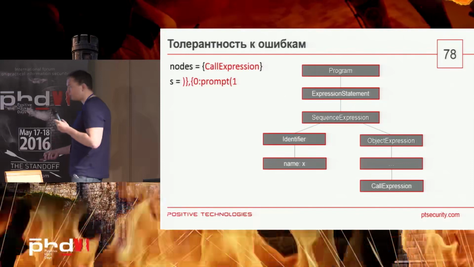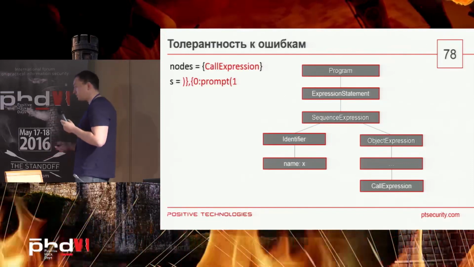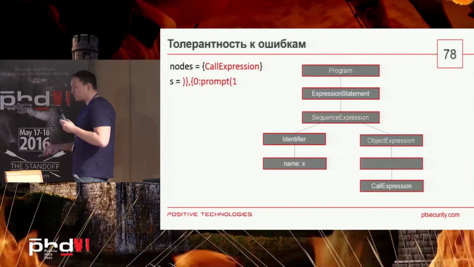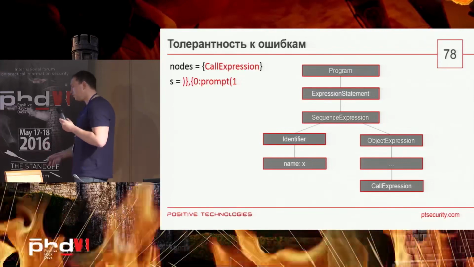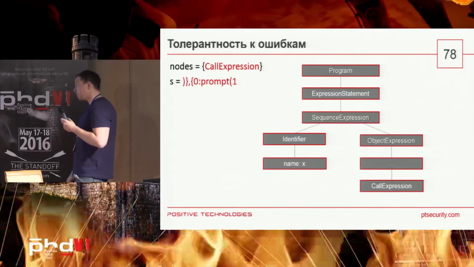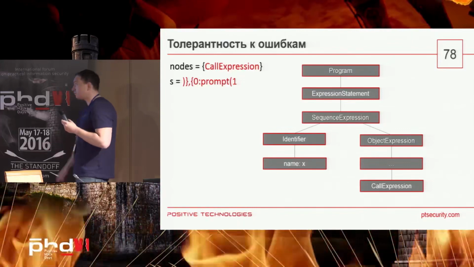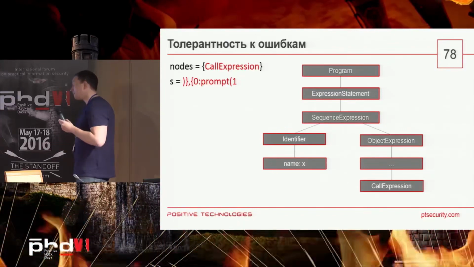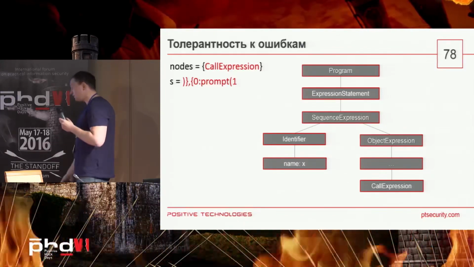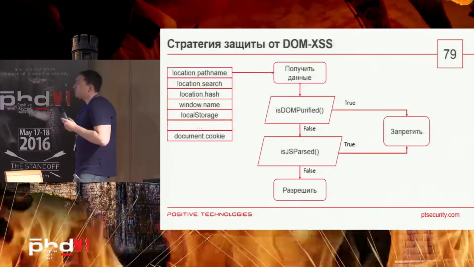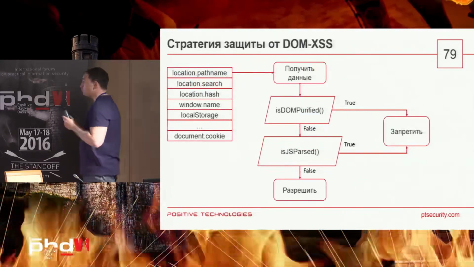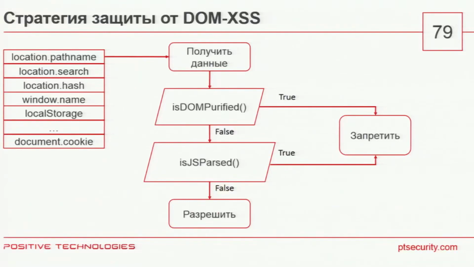If in the previous case it couldn't be identified in principle because our parser runs without fault tolerance, whereas the Chrome parser does work in this mode, which means that the attack will succeed in one case and fail in the other.